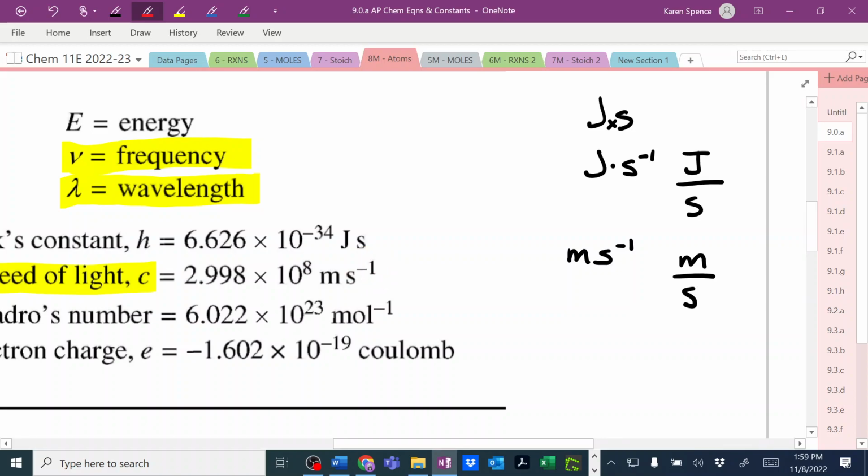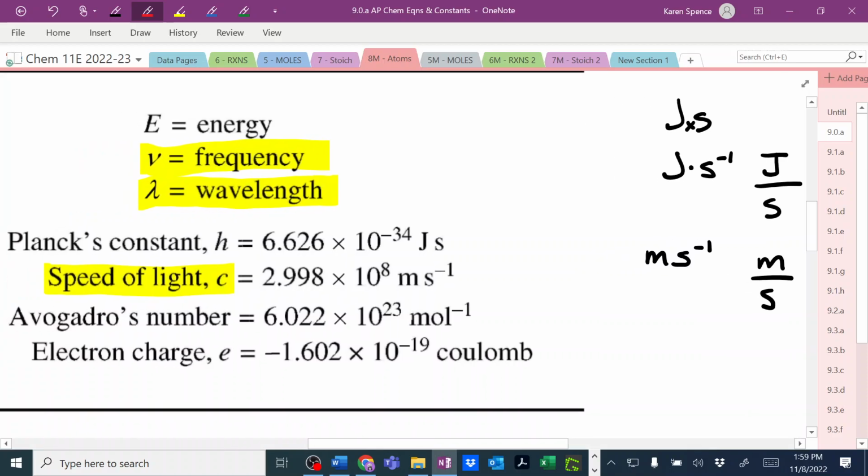It actually makes writing your units in your work tidier because you don't have a numerator and a denominator up in your numerator. So if you've got E equals hc over lambda, which is my favorite version of the formula that they don't give you, then your H value is in joule seconds.